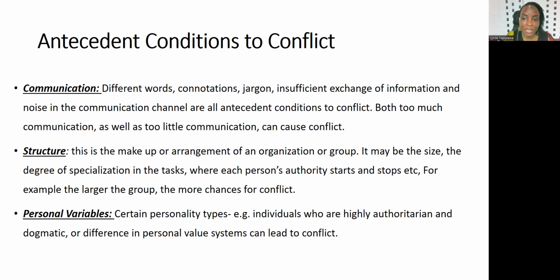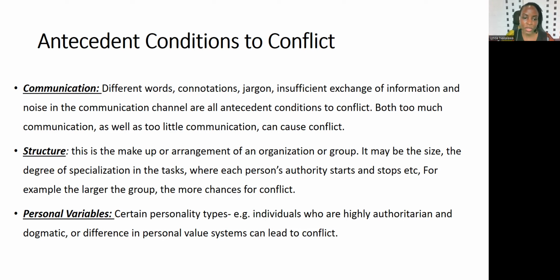Between these bosses, there might be conflict because they don't know where one person's authority starts and the other person's authority stops. So the structure, the makeup of the organization or the group might create a stage for conflict to develop.